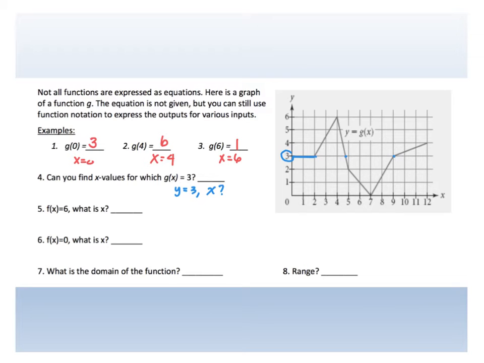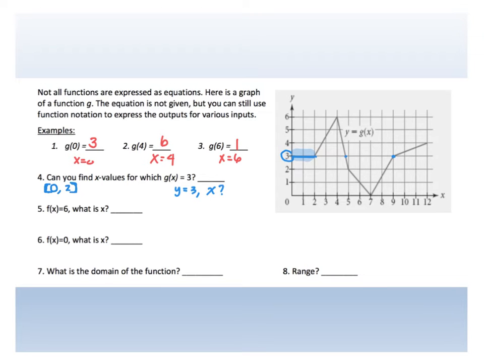And then it also touches right here. So for that first segment, and I'll highlight it in blue, we can say 0, comma 2, and we'll put it in brackets because it includes them. Okay, that's one way of saying it.